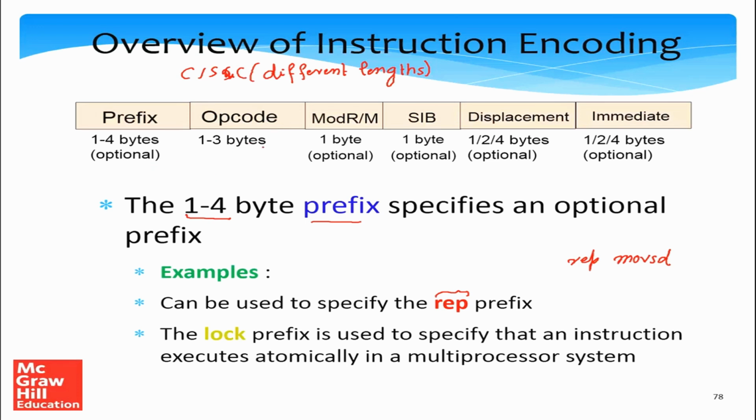The next is the opcode. The opcode can be anywhere between 1 to 3 bytes. Then we have 4 optional fields. One is the ModR/M byte, which specifies what registers are used in the instruction, and whether the instruction uses a memory operand or not. Since the CISC instruction set supports fairly complex memory operands with a possible scale, index, and base, we have a special SIB byte, the scale-index-base byte, to encode this information.